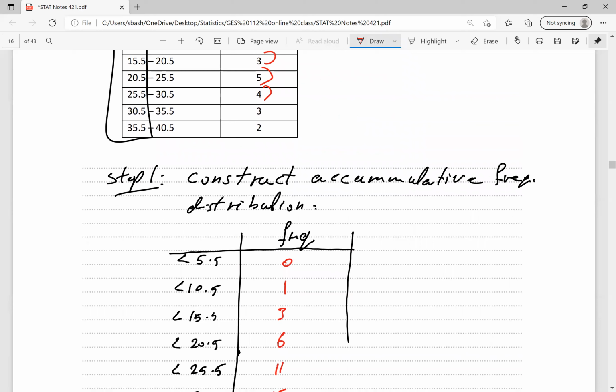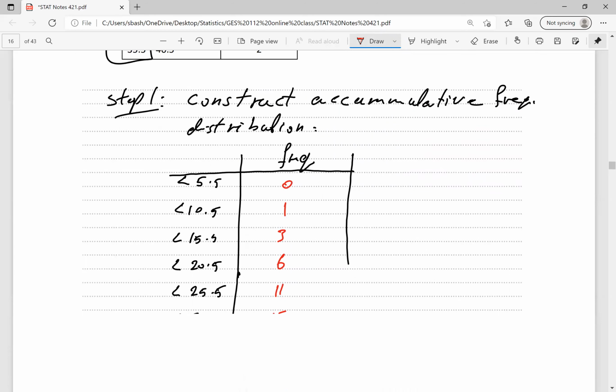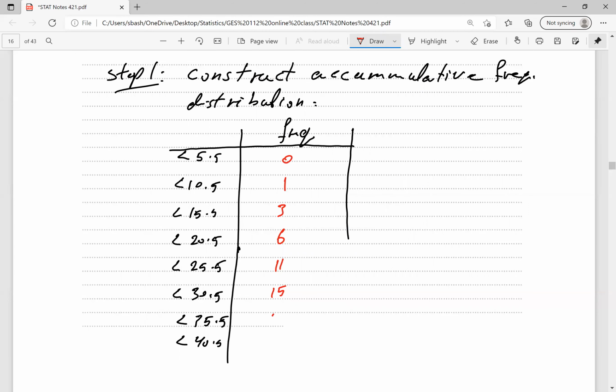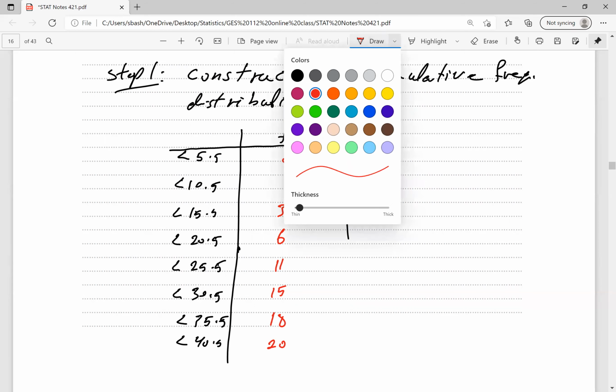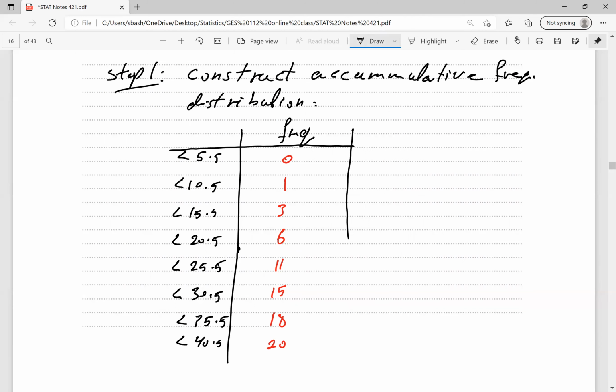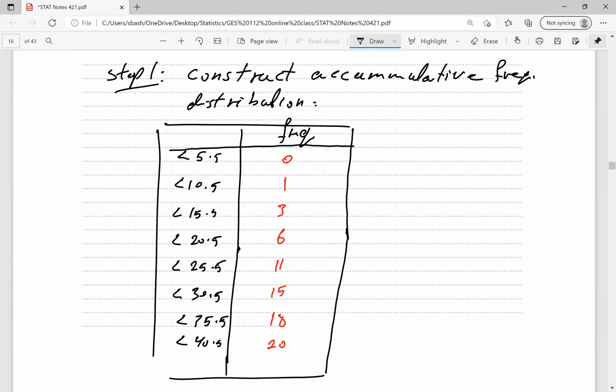Plus 3, I will have 18, and plus the last one is 20. So this is the cumulative frequency.